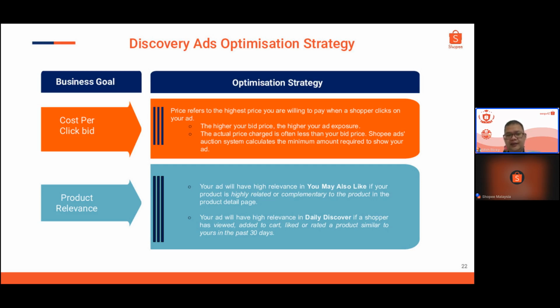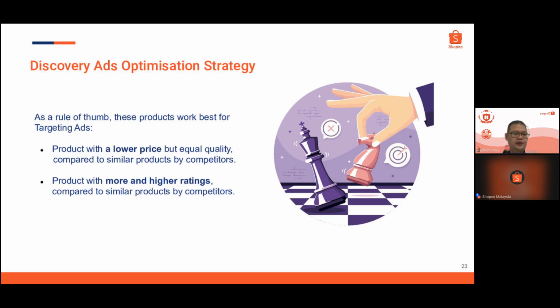The next thing is for the "products you may also like" section. You mentioned a product with a lower price but equal quality, which is important again, and a product with more and higher ratings. Rating is very important.